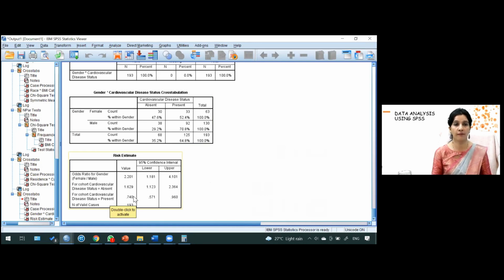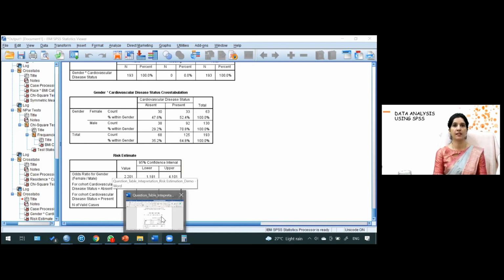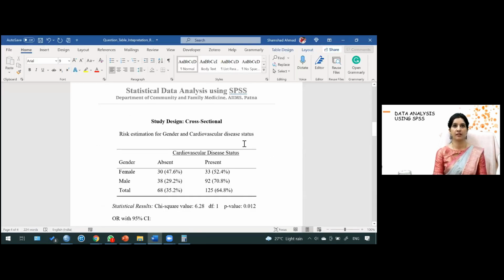So the one liner which you can remember: if you want to present relative risk, take the third row and divide 1 by this value, and that will be the value of your relative risk. Is it right?